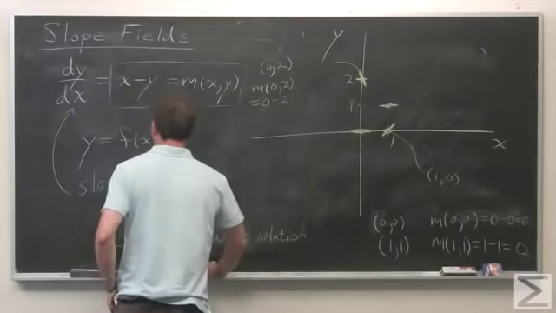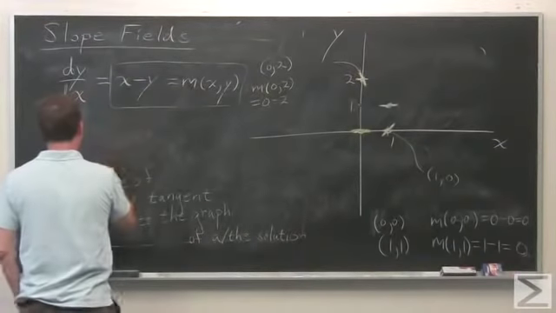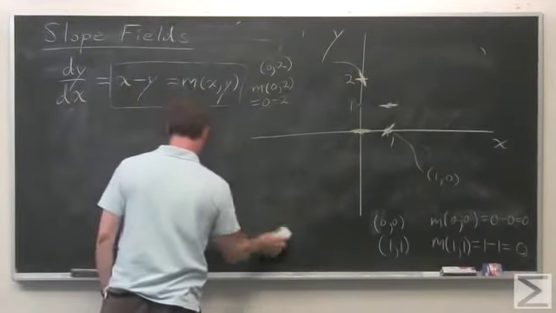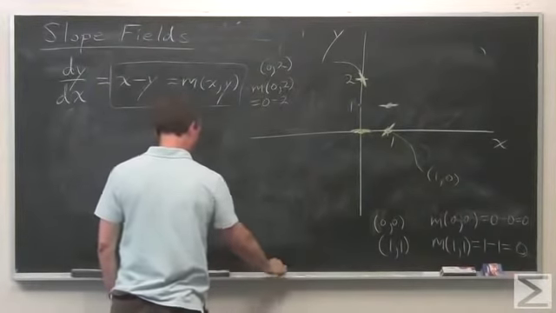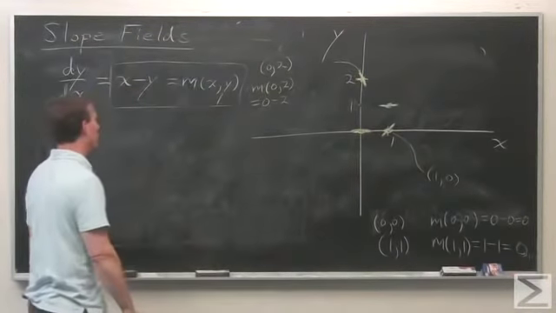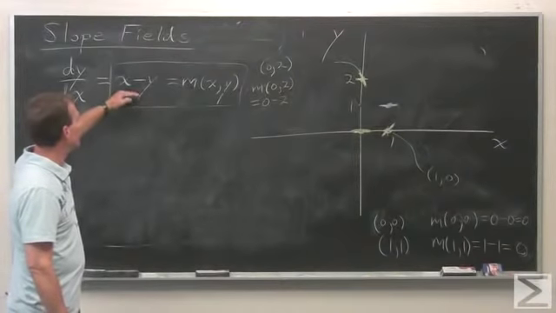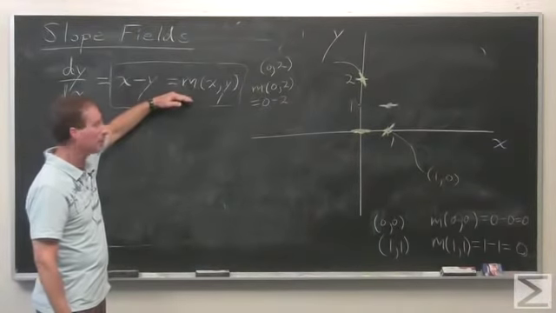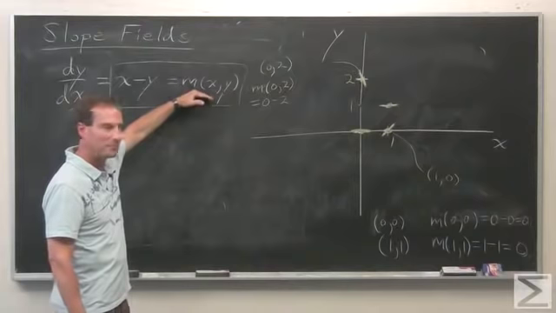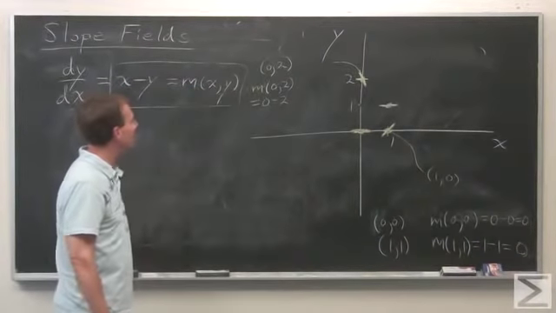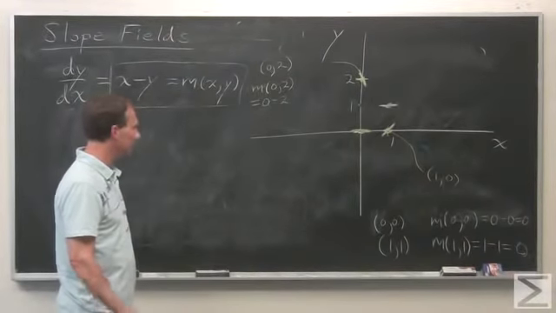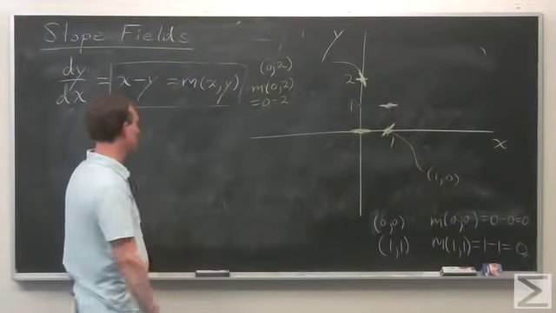But just so we can see by hand a little bit of what's going on, let me tell you one way to draw things a little faster. You can fix what you want the slope to be. So fix the value of m that you're after, and then draw a whole bunch of little line segments with that fixed slope.